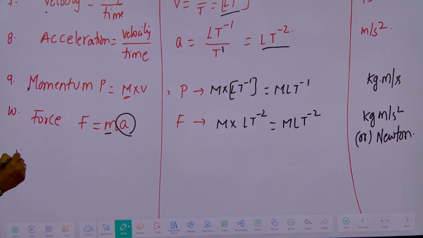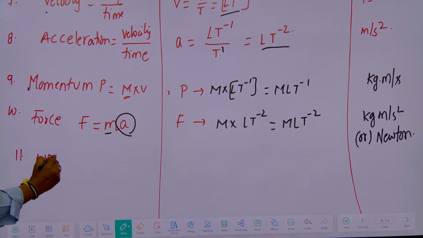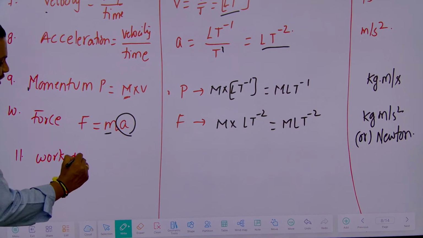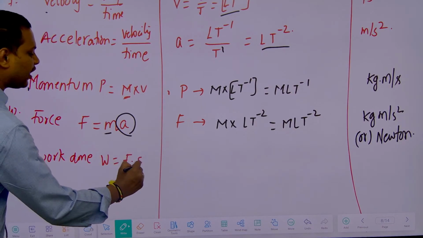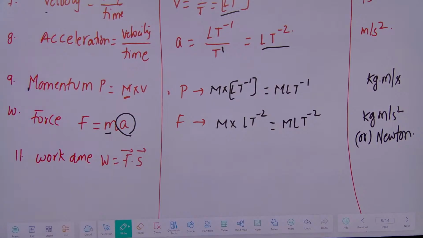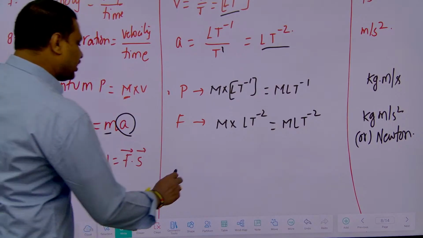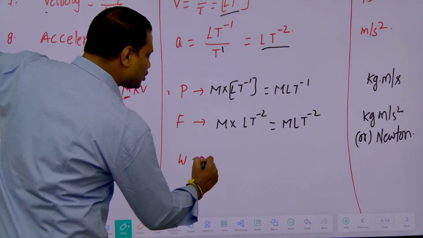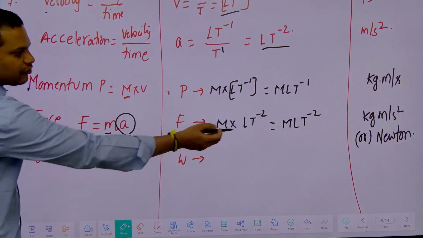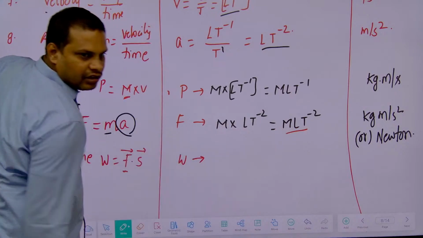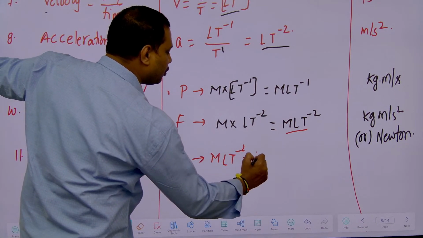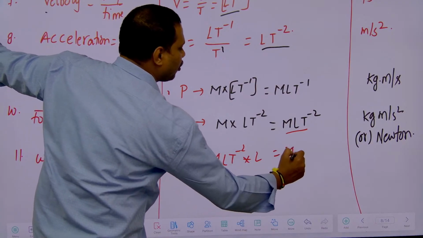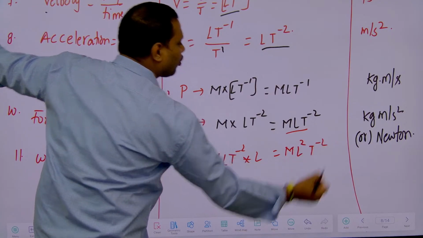The next one is work done. Work done, W, is equal to force multiplied by displacement. For force, the dimensional formula we just represented is M L T power of minus 2, into L. So the total dimensional formula is M L square T power minus 2.